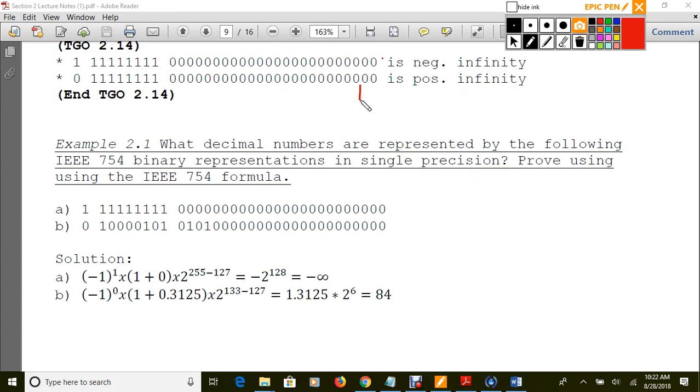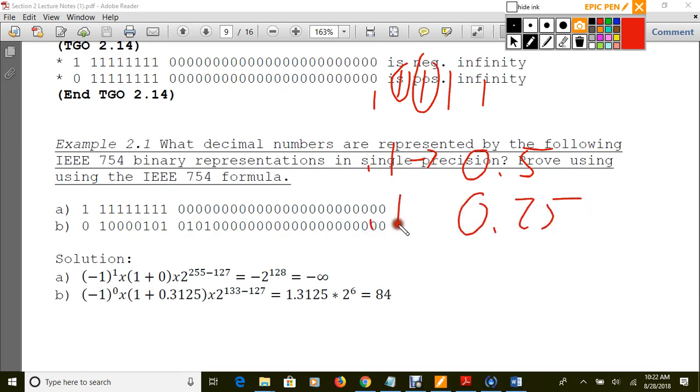So in this case, if we do 0.1111 first, and it's 0.1 initially, this first bit is basically you're adding 0.5. Here, what's 0.5 divided by 2? 0.25. So we're going to add that, and what's 0.25 divided by 2? 0.125, right?